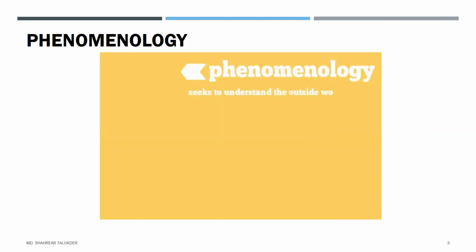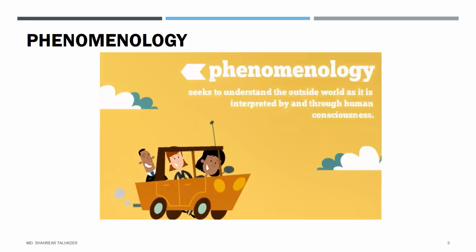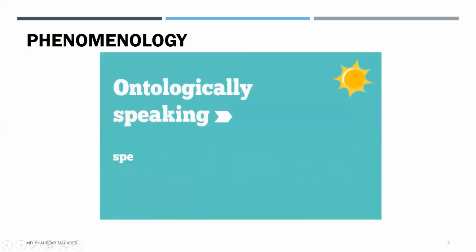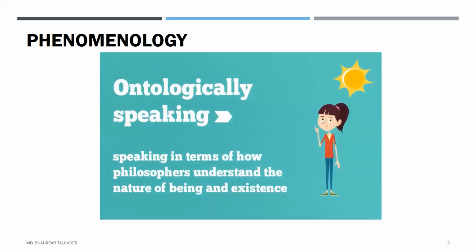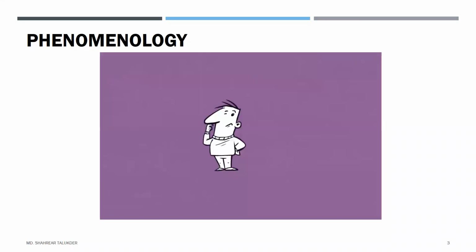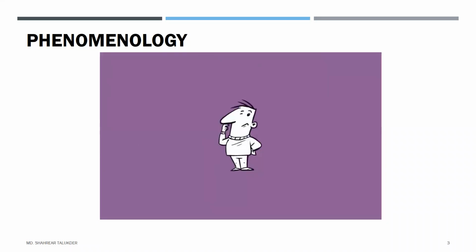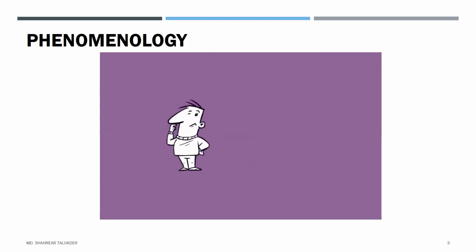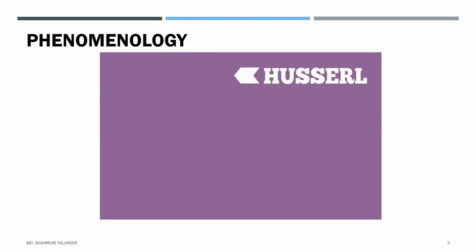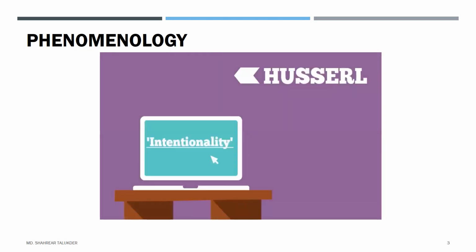In contrast, phenomenology seeks to understand the outside world as it is interpreted by and through human consciousness. Ontologically speaking, that means speaking in terms of how philosophers understand the nature of being and existence, Husserl purported that reality could be grasped by and through structures of consciousness, by applying what he called intentionality to the object of study, or intentionally directing one's focus to describe realities.